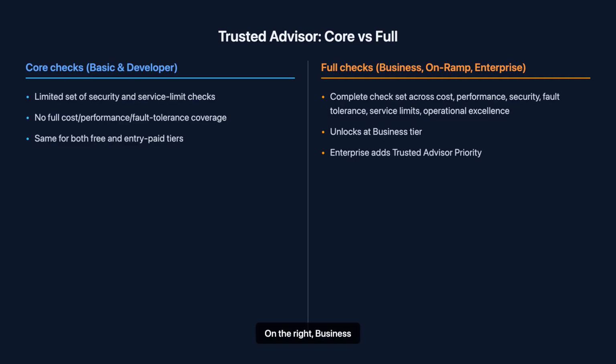On the right, Business and everything above it get the complete check set across all 6 categories: cost, performance, security, fault tolerance, service limits, and operational excellence. So core means basic or developer, and full means business and up. Enterprise goes one further with Trusted Advisor priority, but the durable rule is simply core versus full, splitting right at business.